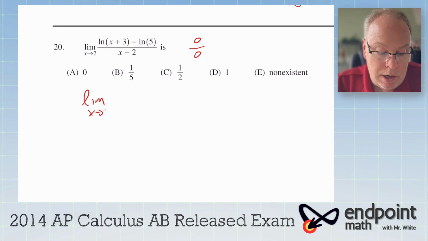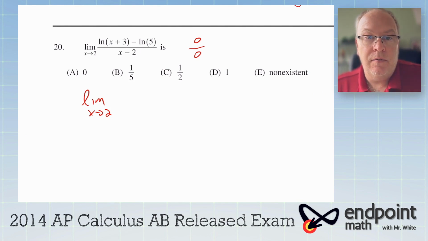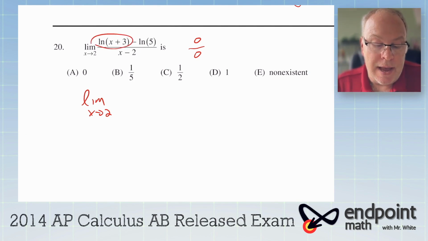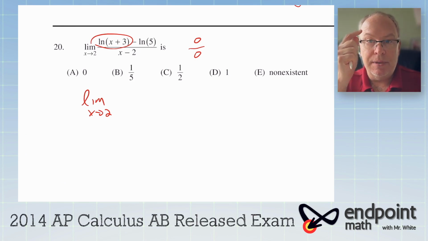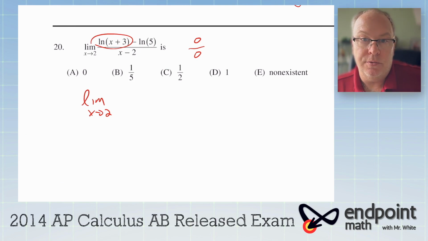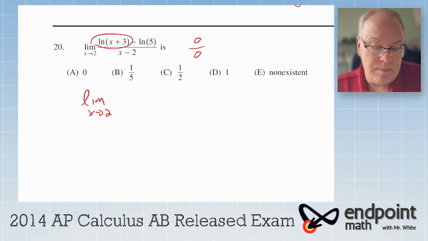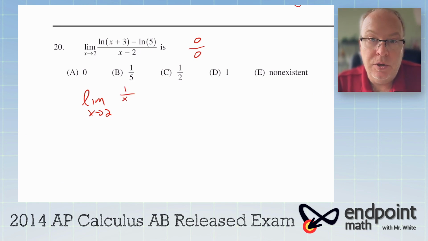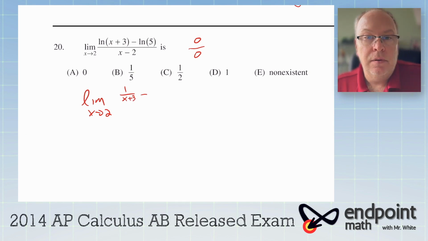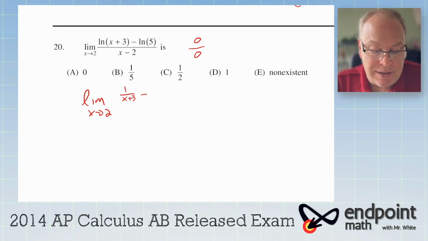So here we go. What's the derivative of natural log x plus 3? By the way, we're not doing the quotient rule. We're taking the derivative of the top and the bottom separately in L'Hopital's rule. So no quotient rule here. So this would be 1 over u, right? So 1 over x plus 3, there is no chain to tack on, minus the derivative of a constant is just 0.